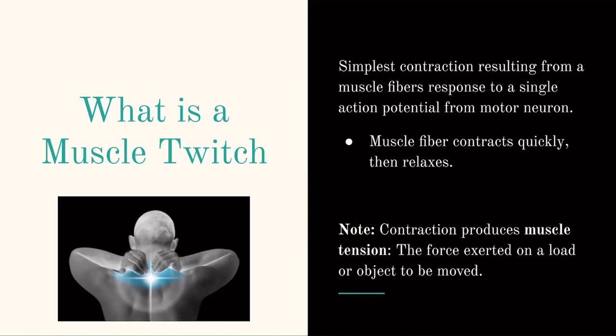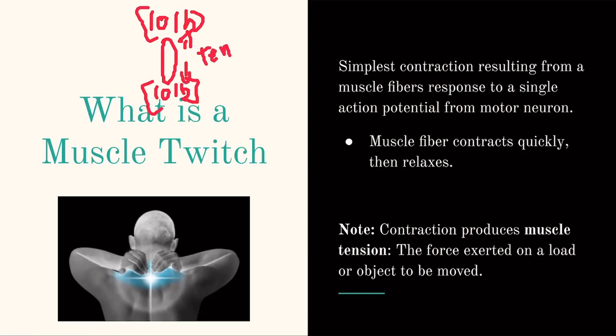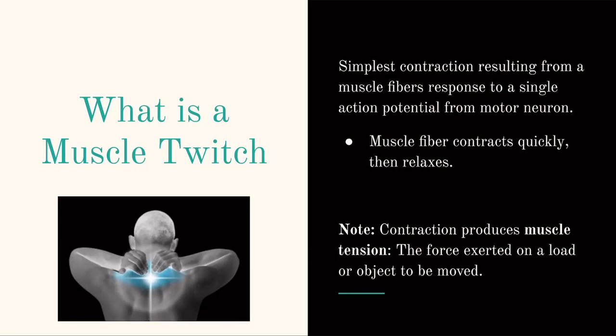So like if you have a 10-pound, I don't know, just imagine this is a muscle, and then you have another 10-pound bell, and it's being pulled on both sides. This is going to create tension. Like when you lift weights, it's contracting, and it also produces tension.